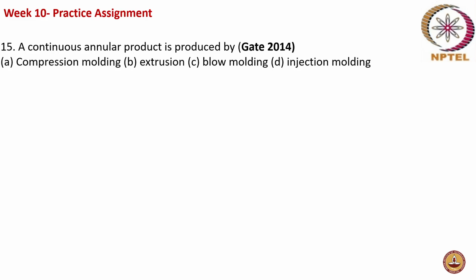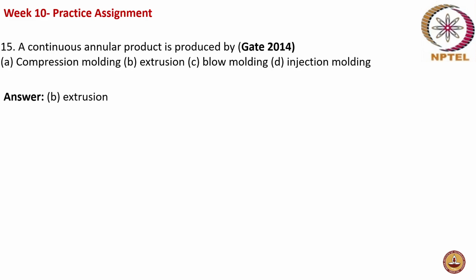Now the next question. A continuous annular product is produced by compression molding, extrusion, blow molding, or injection molding? This is a GATE 2014 question. The answer is extrusion.